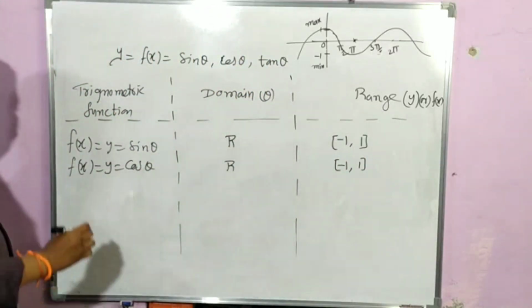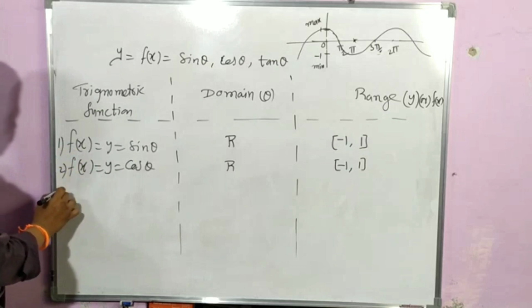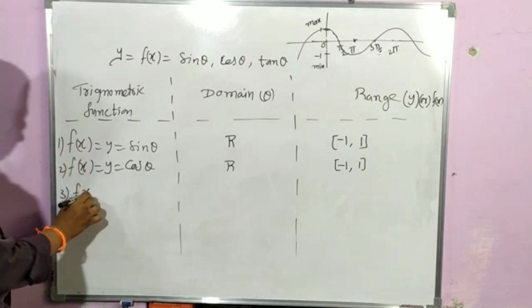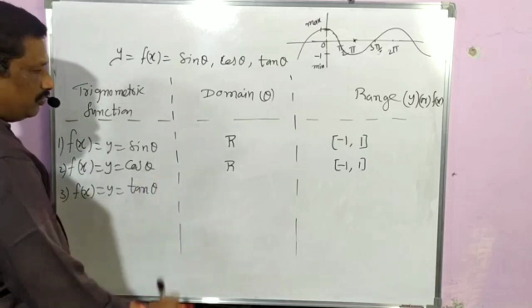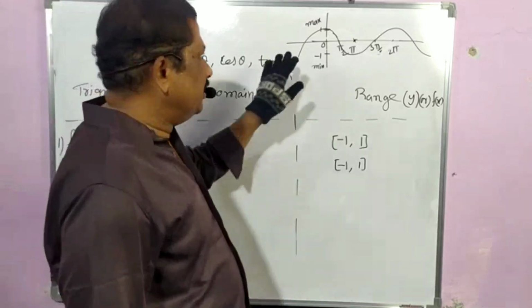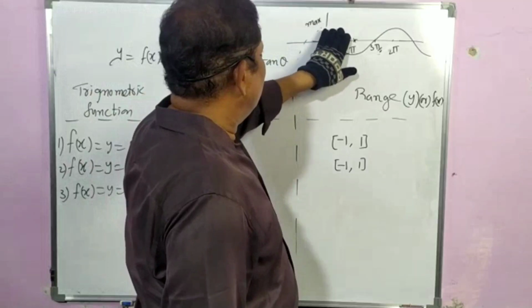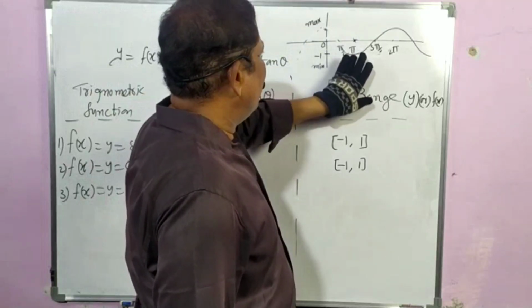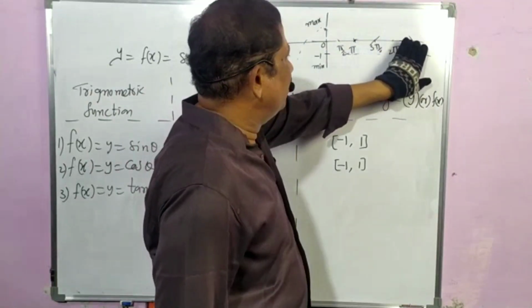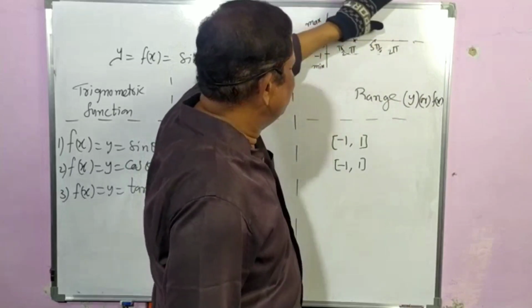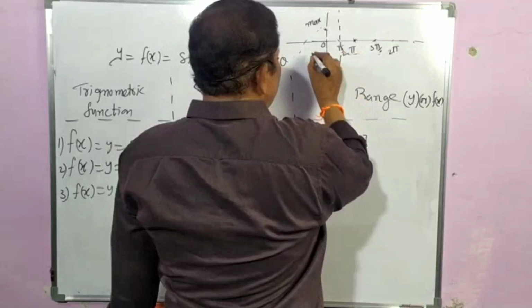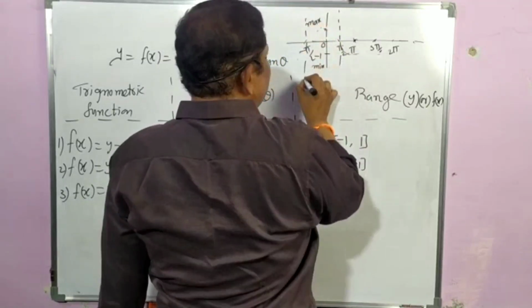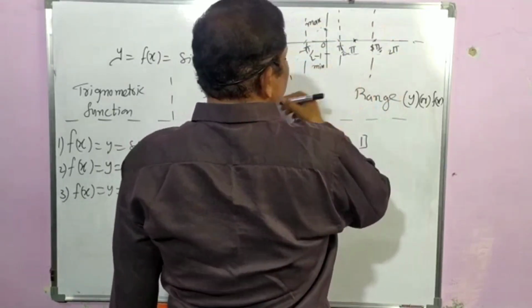Next, coming to the trigonometric function tan. y = f(x) = tan θ. For tan θ, at 90 degrees and multiples of 90 it is not defined. For 90 and multiples of 90 we get infinity, at 90, minus 90 and 270.